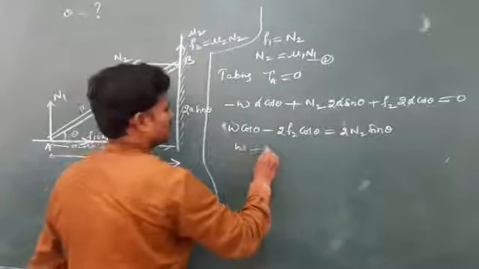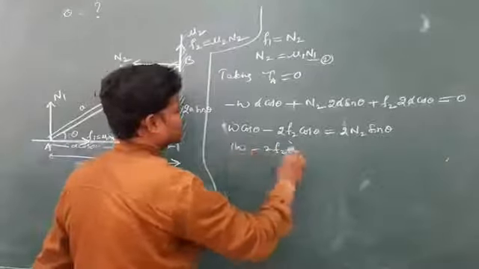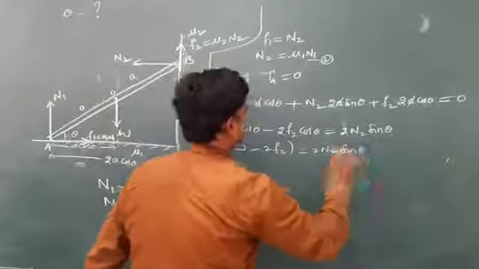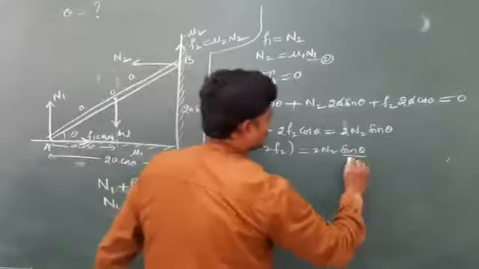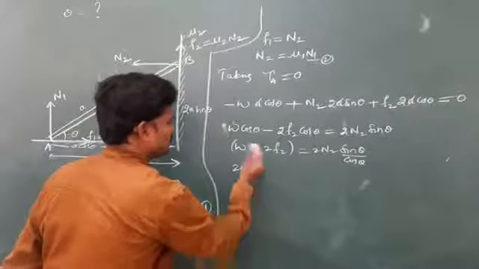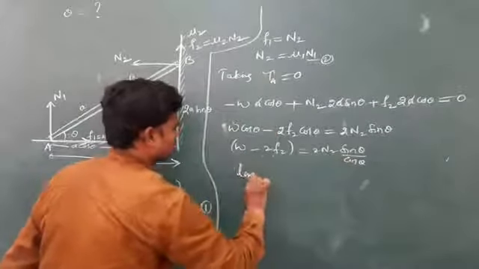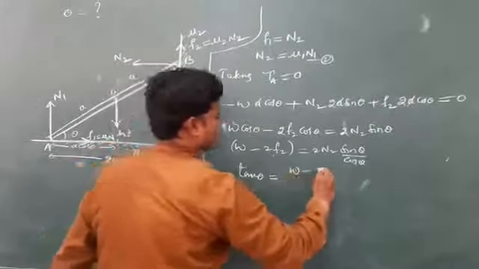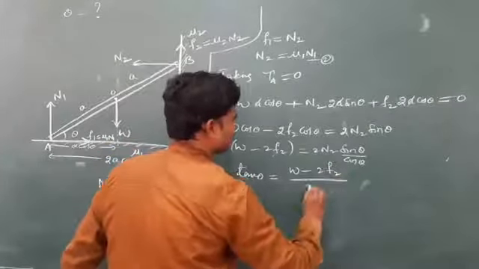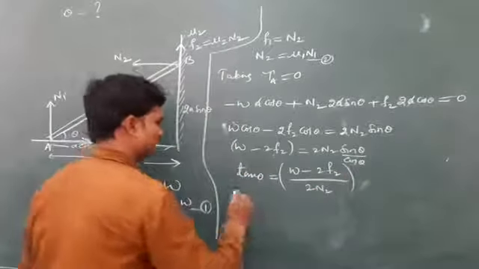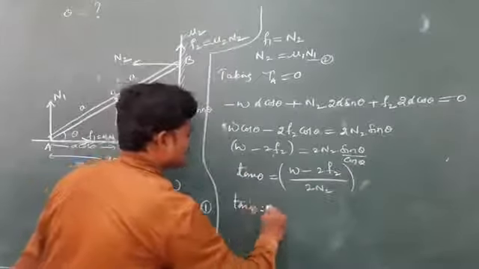So W minus 2F2 equals 2N2 sin theta, and here I have taken cos theta common. So cos theta, and 2N2. So this is tan theta. Tan theta is equal to W minus 2F2 by 2N2. Substitute all the values, you will get some equations.